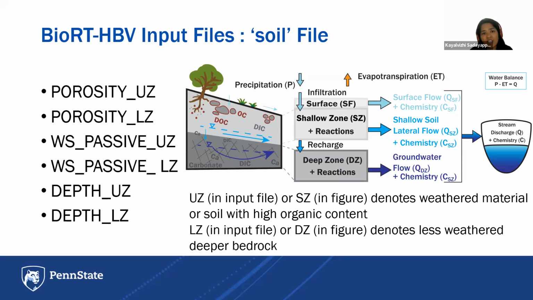We need to specify some characteristics about these zones in our soil file, and these characteristics are porosity, passive water storage, and depth. To be exact, the parameters are porosity upper zone, porosity lower zone, WS passive upper zone, WS passive lower zone, depth upper zone, and depth lower zone.